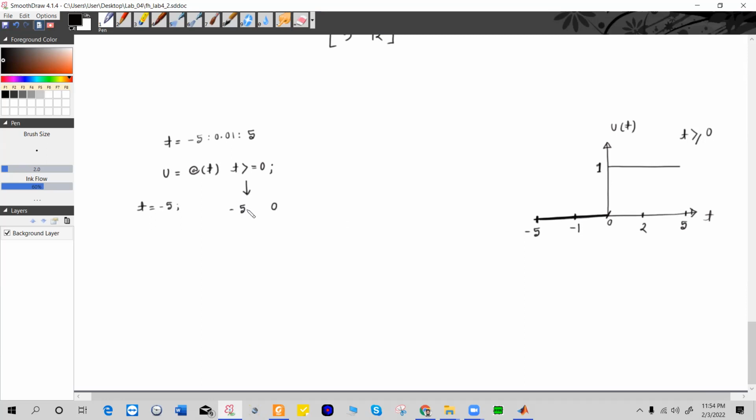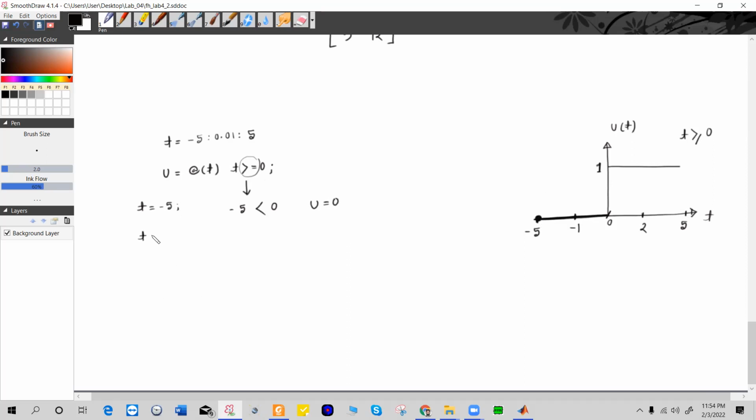Since 0 is greater than -5, this condition is not true, so it will produce 0. As a result, u will be equal to 0. So you see at this point u of t is equal to 0.